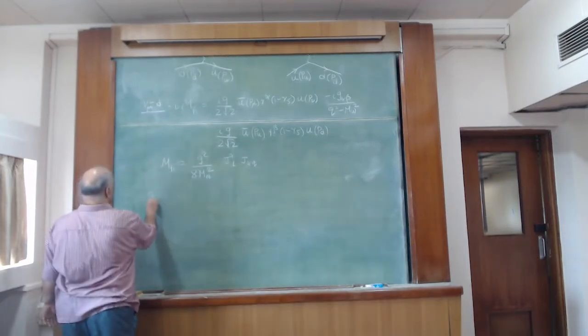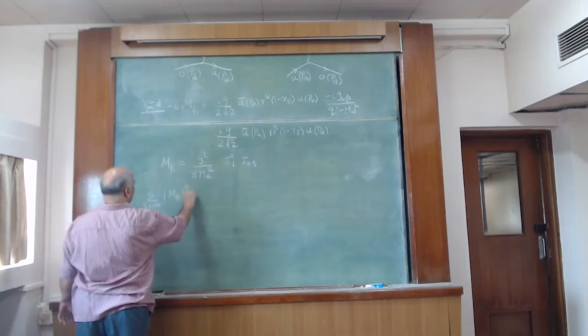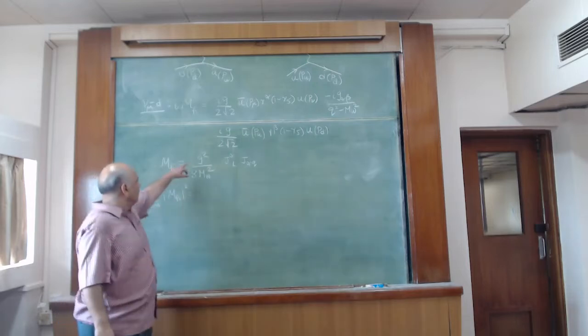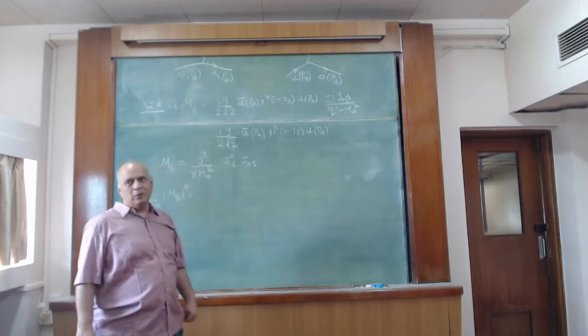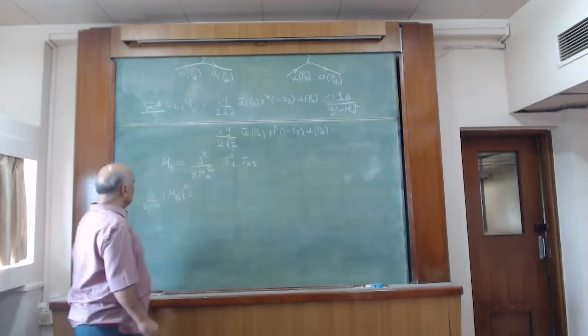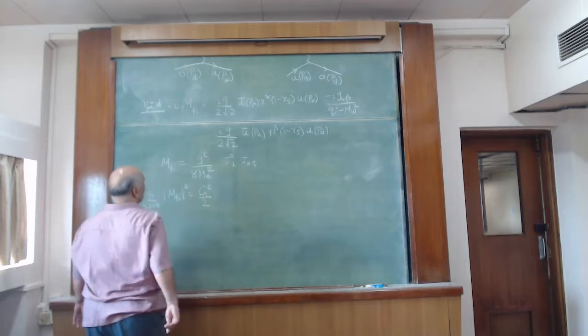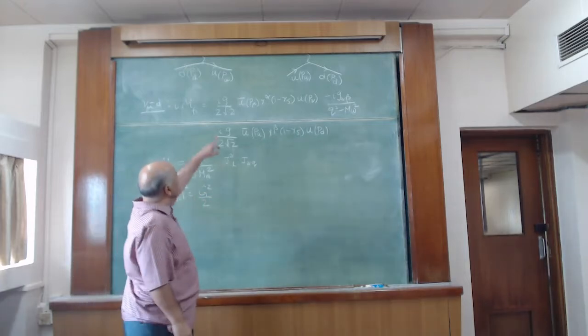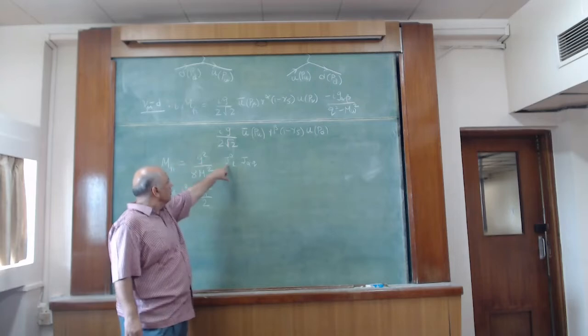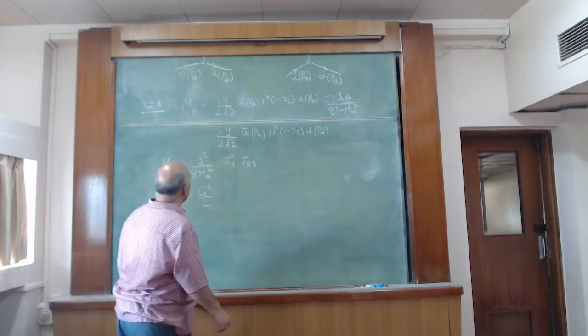Now I do the sum over spins of mod M_fi square. By the way, this G square by 8 mW square is GF by root 2. So I write it as GF square by 2 times the leptonic current times its complex conjugate.